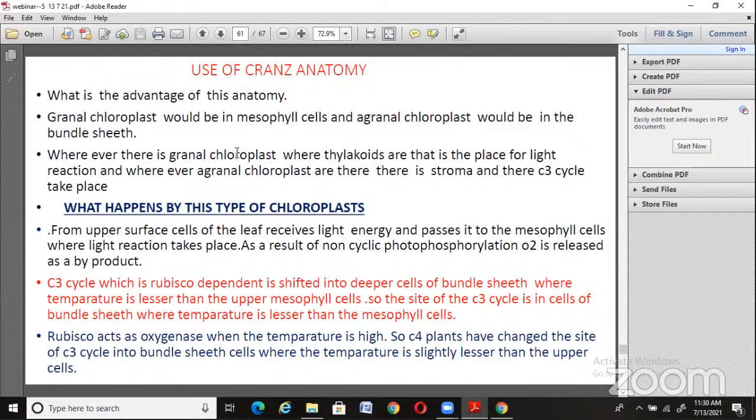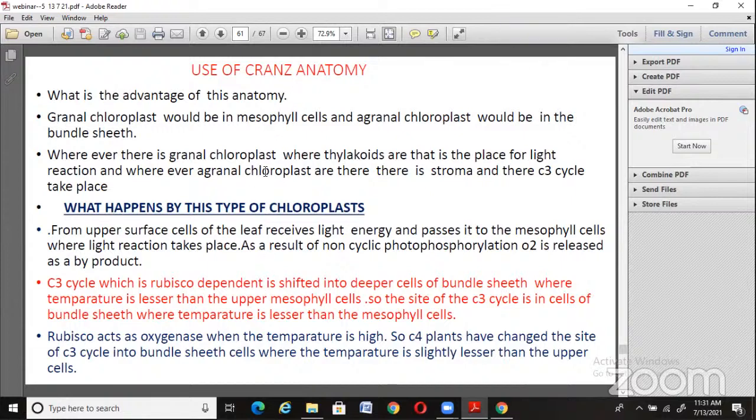And here in C4 plants, the C3 cycle is shifted into the bundle sheath cells, where Rubisco acts as a carboxylase, and the problem of photorespiration is not seen in C4 plants. So in this way, C4 plants avoid photorespiration and continue the C4 pathway by showing these adaptations.